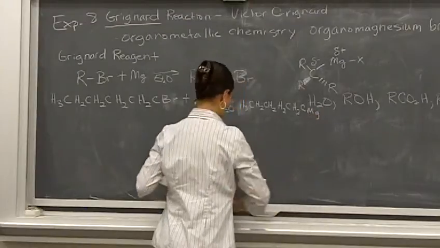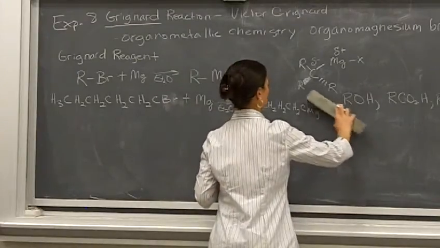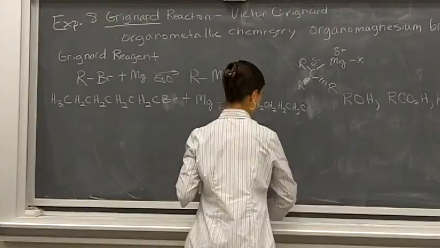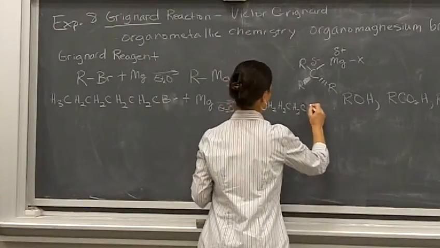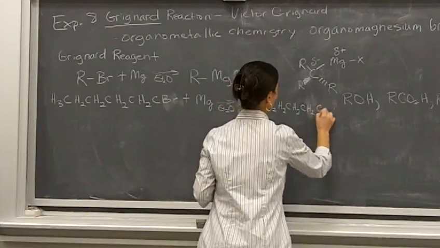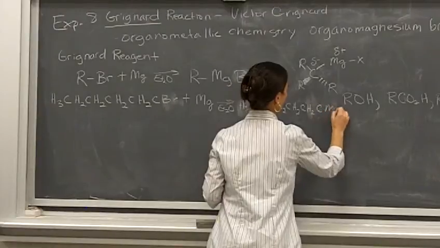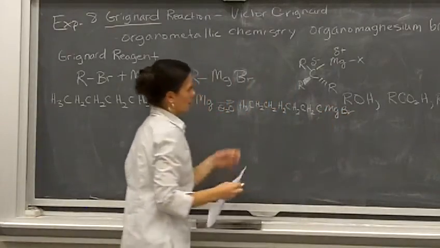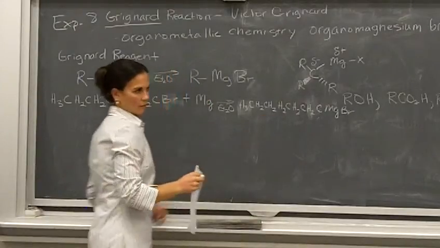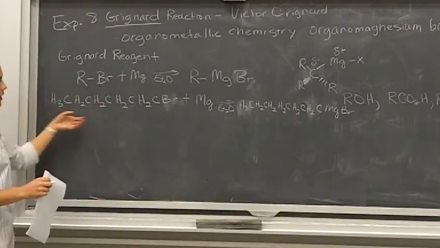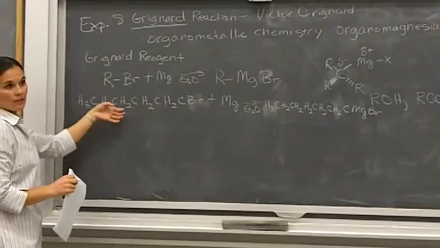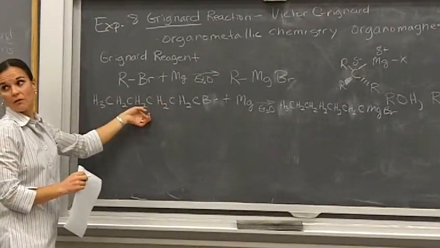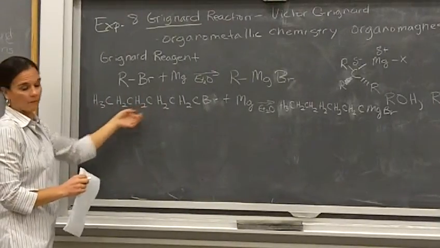I'm going to erase our water because it's kind of in the way here. This is the magnesium bromide we would get out of it, okay? So when you guys are writing your reactions, you're going to need to show what Grignard reagent you're forming with your alkyl bromide, okay?